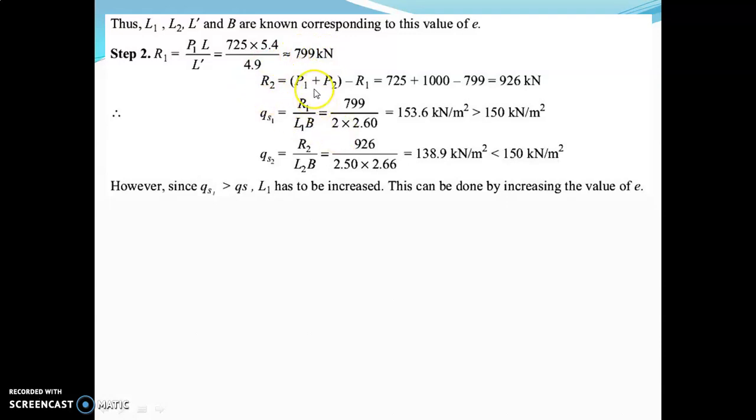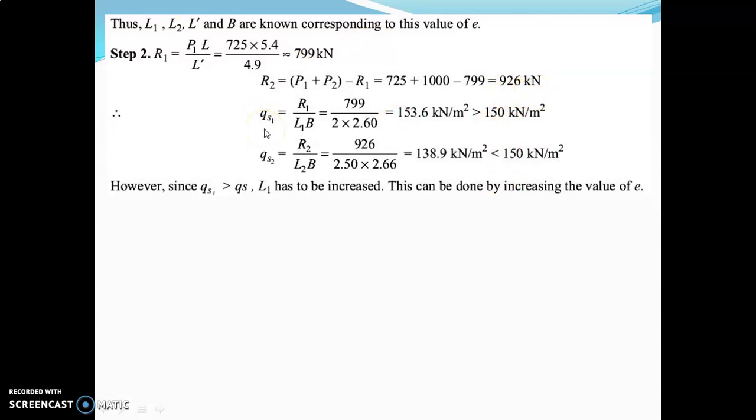R2 is equal to P1 plus P2 minus R1, that is equal to 725 plus P2 is 1000 minus R1 799, that is equal to 926 kilonewton.